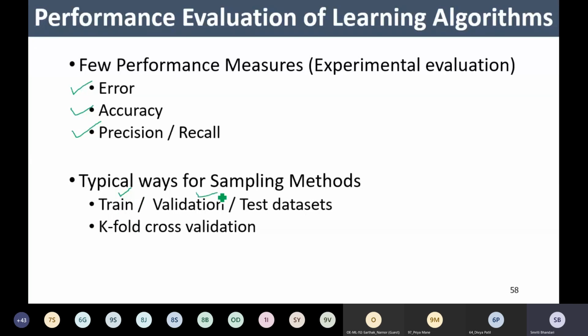We may have the validation data set, making use of which we find out intermediate results, and we may iterate through. We may come up with the most suitable model, and for that we make use of the validation data set that validates whatever model we have built. And if it is not appropriate, we just go on tuning the parameters of our learning algorithm, and once again we try to learn and validate. So this is the iterative process.